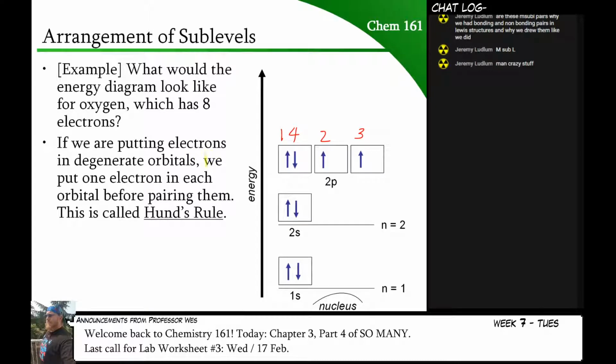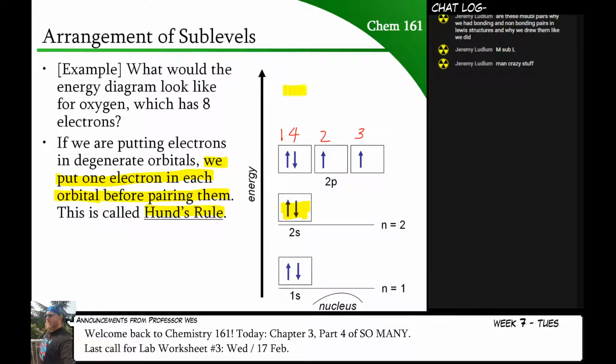Hund's rule says, put an electron in each orbital on that energy level before you pair it. So if you ever have degenerate orbitals, you're going to put 1 electron in each spot before you pair them. Now, for s orbitals, there are no degenerate orbitals, so you'll just put 1 in and then you'll pair it and you'll move on to the next floor.